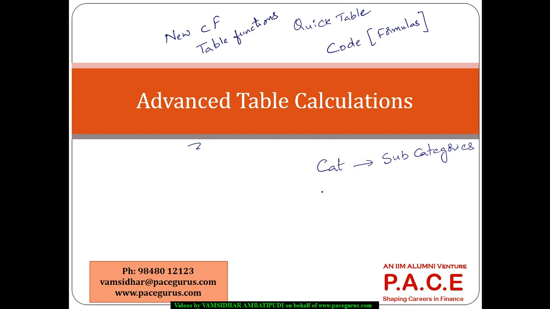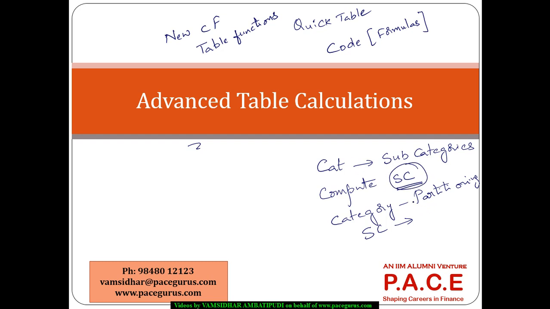So at all the calculations, we will try to compute using the subcategory, which means the category is the partition for us and subcategory is the addressing. When I am saying compute using subcategory, the addressing is happening through subcategory and the category is acting as the partitioning. So that is what we'll do.